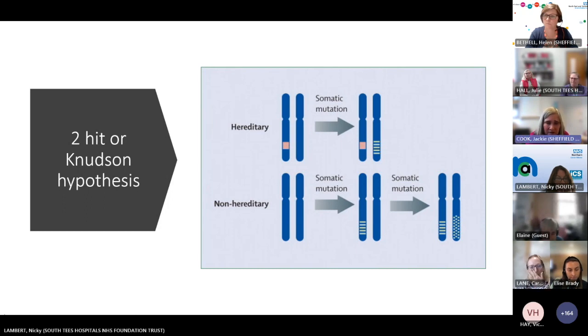So in inherited cancer, when one of those gene faults is already there in every single cell, you only need to get one more fault in the second copy of the gene for the cancer to start. So you are one step ahead in the game, if you like, which is why inherited cancers tend to occur at younger ages than the normal age to develop a particular cancer.